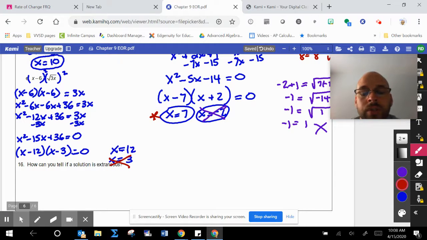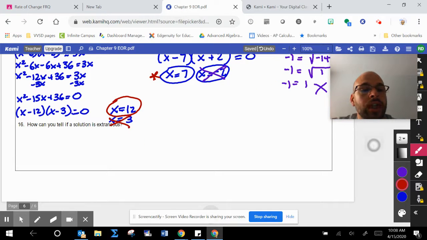Now, I don't have enough room to show that check, but check it the same way I did all the other ones. If you were to plug 12 in, you should get something like 6 equals 6. If you plug 3 in, you'll get something like negative 3 equals 3, which is not true. That would end up being an extraneous solution. The only good solution I have is just 12.